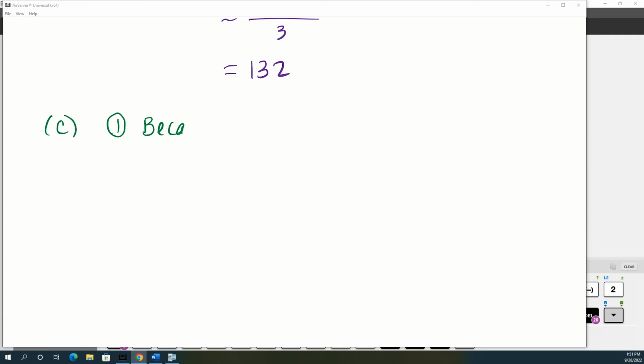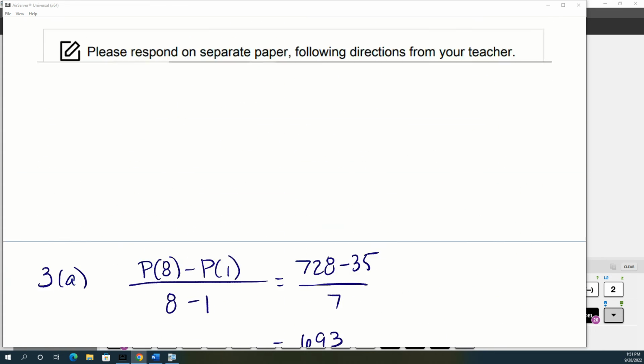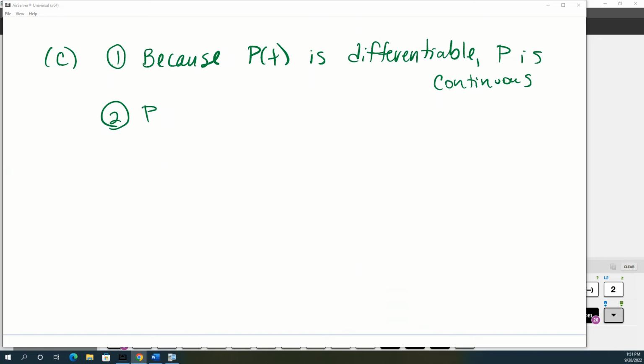So because p of t is differentiable, p is continuous. All right. Second thing we want to do, let's see, our interval is between 3 and 6. So we want to find p of 3 and find p of 6.